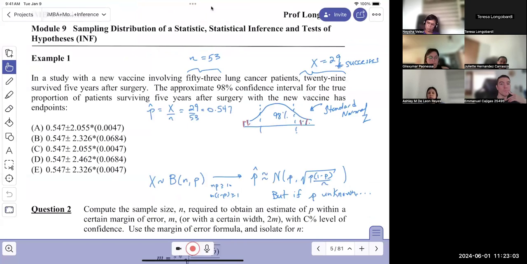So this is 2.33, just to 2 decimal places. Everybody following so far? So I found the position. If you're within 2.33 standard deviations of the mean, you will get 98% of the observations.